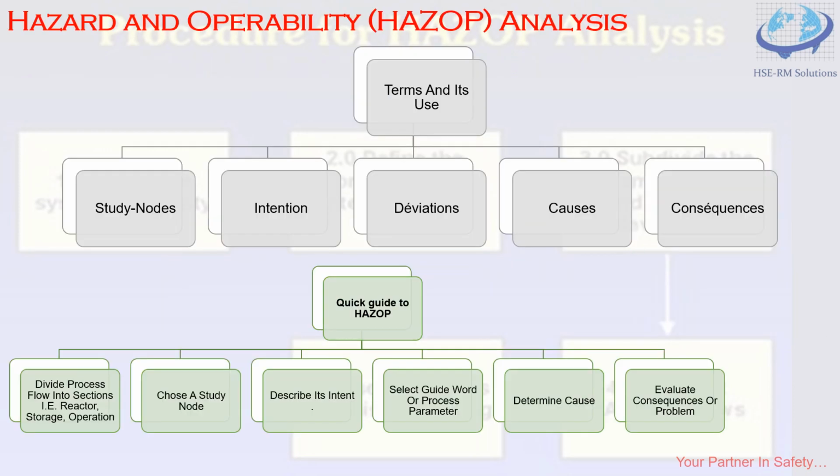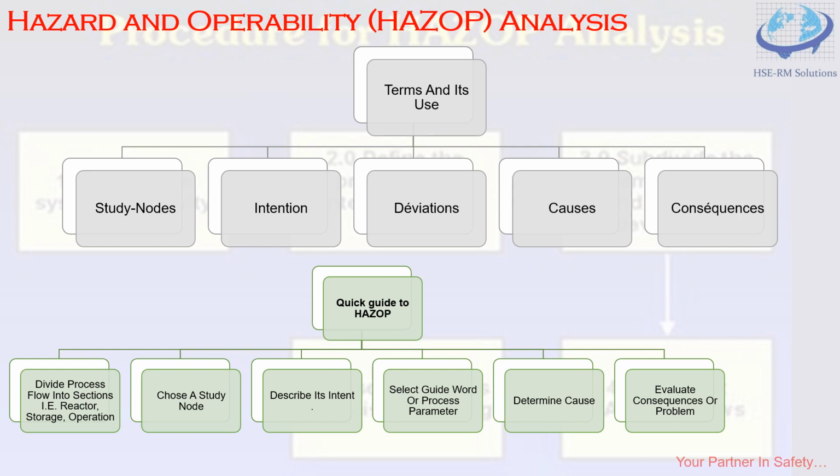So now let's understand the practical approach. In order to understand HAZOP, you are required to define some terms, the term definitions, and under this a few important things: one is study node, second is intention, then deviation, cause and consequence. So first and foremost is to understand these terms and their use.